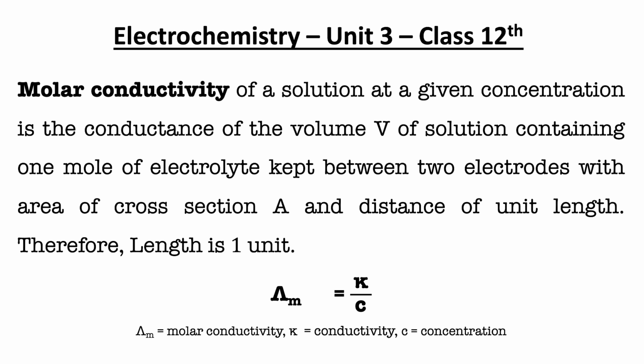The symbol of molar conductivity is taken as lambda m. Now the formula for lambda m, that is molar conductivity, is K upon C, where K is known as conductivity and C is the concentration. The unit of lambda m is ohm inverse centimeter square mole inverse.